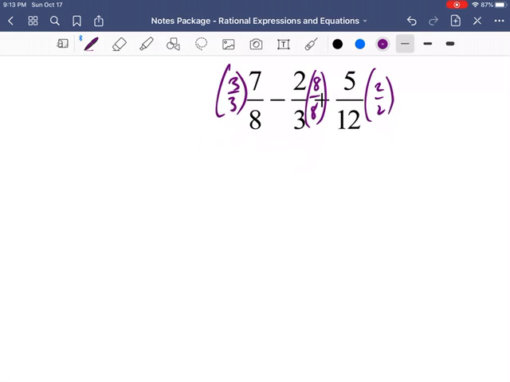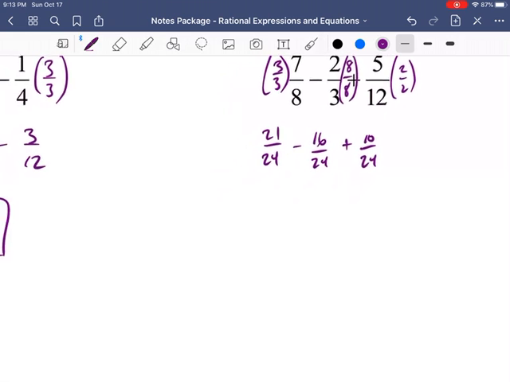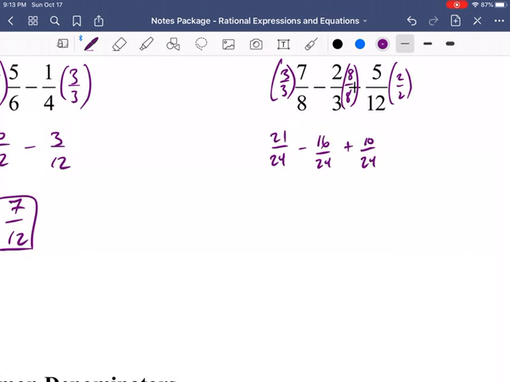So you end up with 21 over 24 minus 16 24ths added to 10 24ths. Now that we have all the same denominator, just add or subtract the numerators, and you end up with 15 24ths, which reduces to 5 eighths.